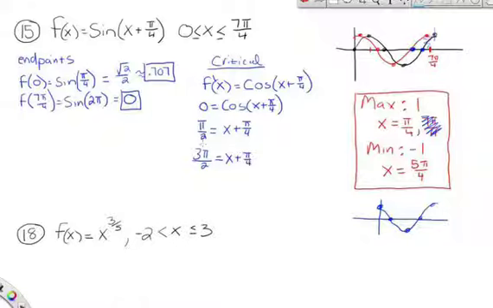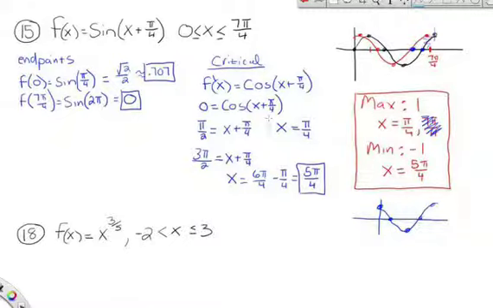So now I just need to solve for x, so I subtract pi over 4, and so pi over 2 minus pi over 4 is pi over 4, because pi over 4 is just half of pi over 2, and I subtract pi over 4 from here, and I get x equals, let's get a common denominator, 6 pi over 4 minus pi over 4 equals 5 pi over 4.